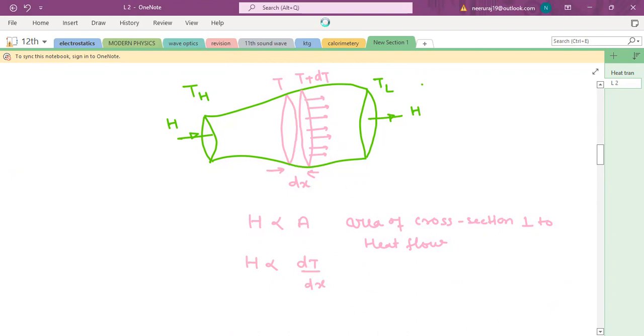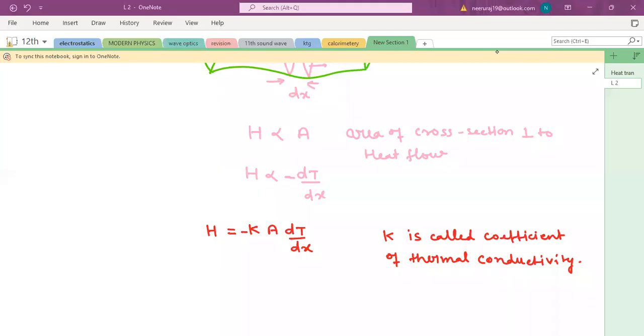Now we combine these two laws, and the heat current becomes H equals minus KA dT by dx. So this is the heat current in this cross section, which has cross-sectional area A, and the width of this section is dx, and dx is in the direction of current.